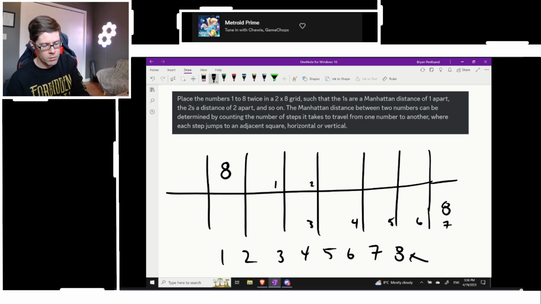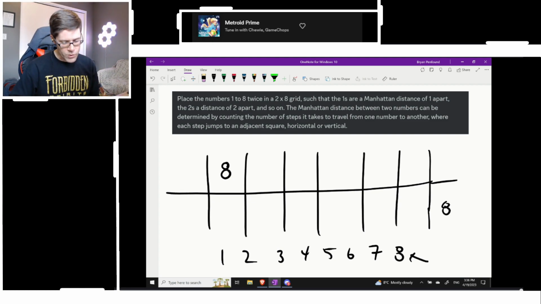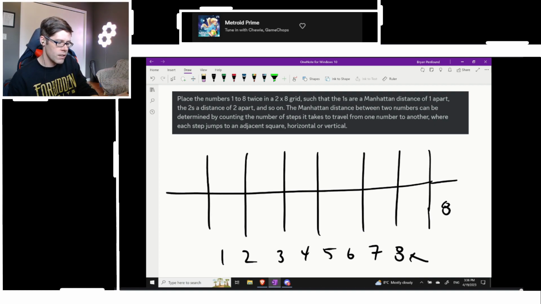I wouldn't, for example, be able to go 5, 6, 7. That's just not how Manhattan distance works. It's like the shortest walking path. If I could fly, you'd just go from point to point, right? But if you have to walk, you're walking along sidewalks and streets. So I think the 8s are forced to be like this.